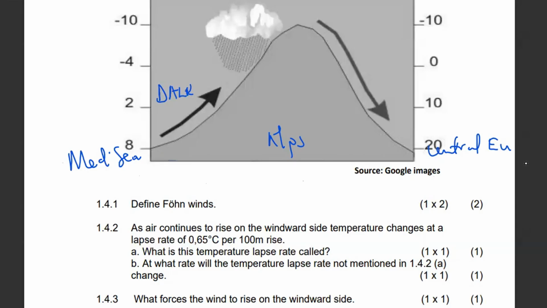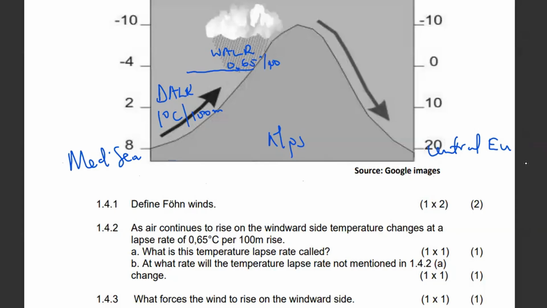As the air continues, this rate is 1 degree Celsius for every 100 meters. Then as it reaches the condensation level, the rate changes. It now cools at the wet adiabatic lapse rate, and the rate will change to around 0.65 degrees Celsius per 100 meters.